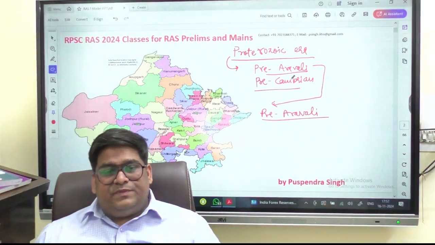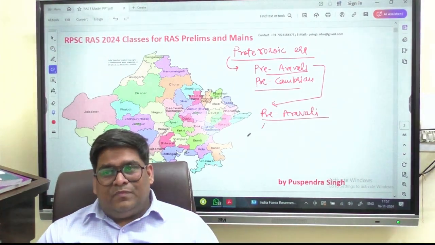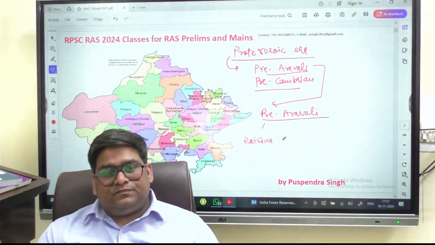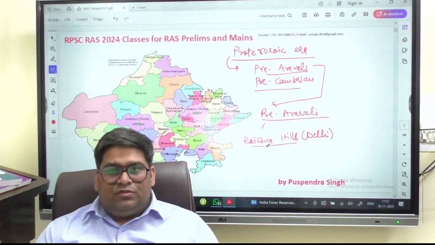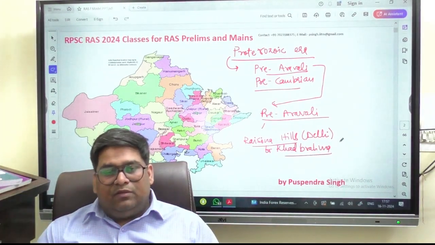The Aravali mountain range basically starts from the Raisina hills, that is in Delhi, to Khed Brahma in Gujarat.